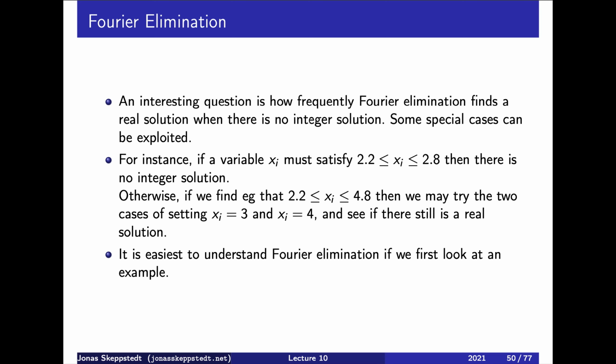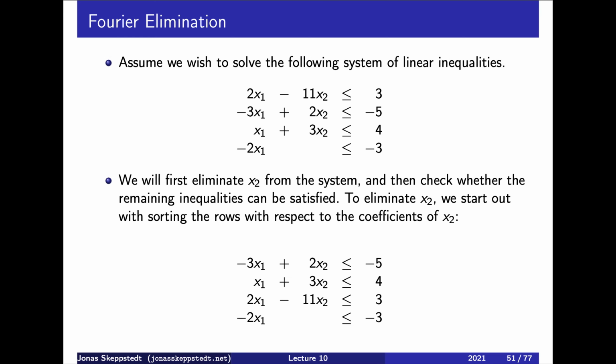Okay, so how does this work? The simplest thing is really to see an example. So say we want to determine whether there is an integer solution to this. No, well, not integer solution, but a rational solution. Okay, so what we do is we want to eliminate x2.